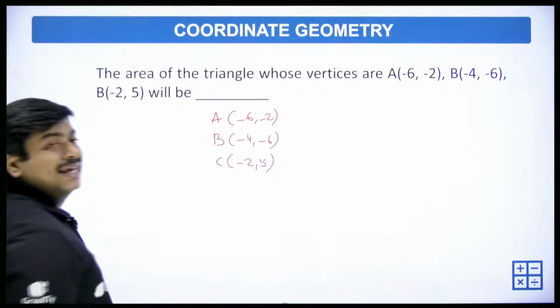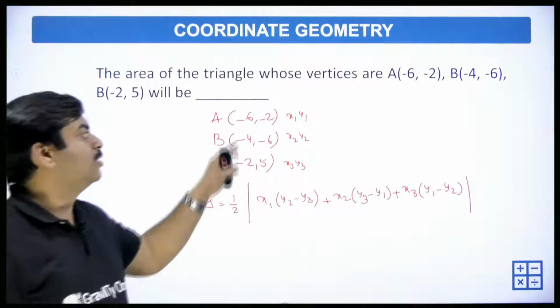Area is equal to half mod of x1 times (y2 minus y3) plus x2 times (y3 minus y1) plus x3 times (y1 minus y2). So this is how you can proceed. Using all these values, just keep substituting here and you can find the answer. So please do it yourself.